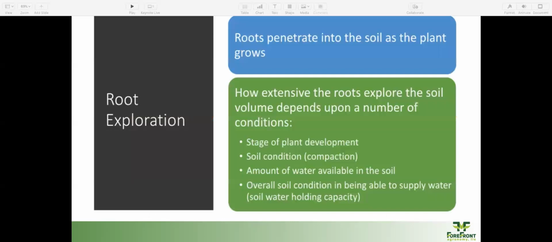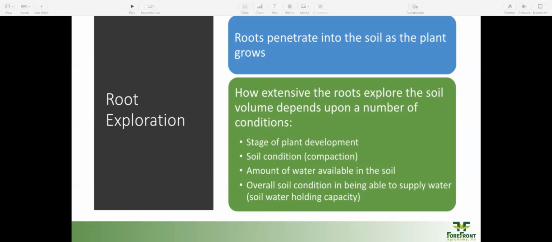So, digging into root exploration, first of all, roots have to penetrate into the soil, and they continue to grow as the plant grows. It's really the main driver in moving water and nutrients into that plant. And how big those roots are and how much of the volume of soil they're able to explore depends on a number of conditions.